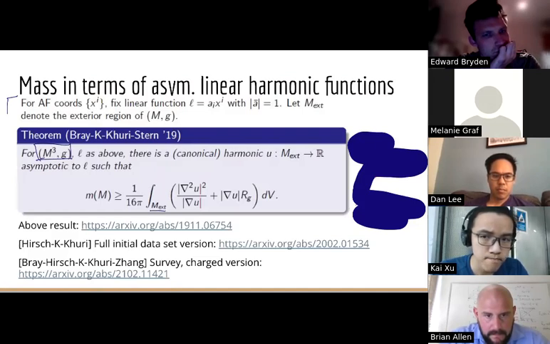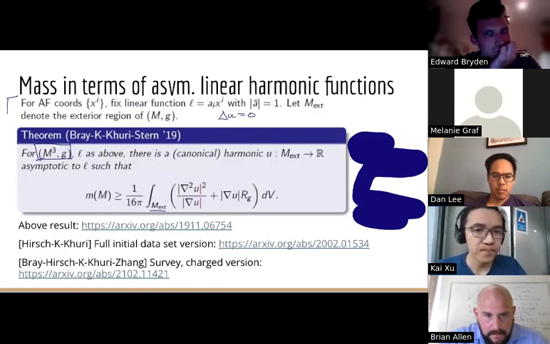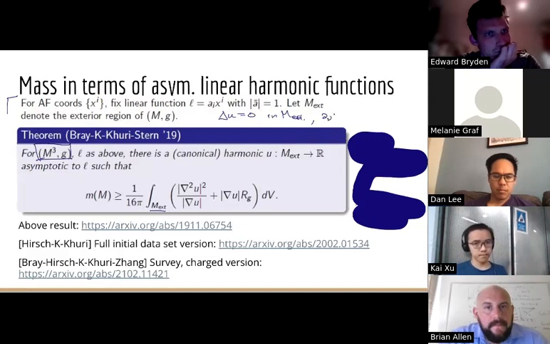On this manifold, you can solve for the following type of function: a function u which is harmonic in the exterior region, has Neumann boundary conditions on the boundary of M exterior, on those minimal boundary components.